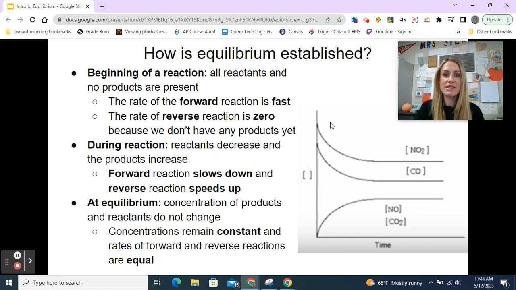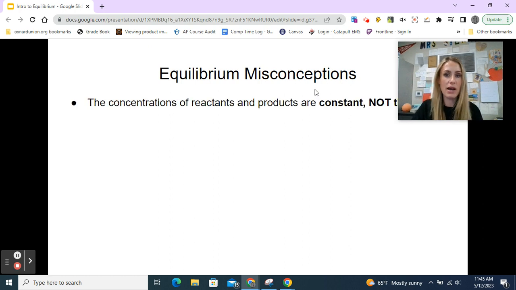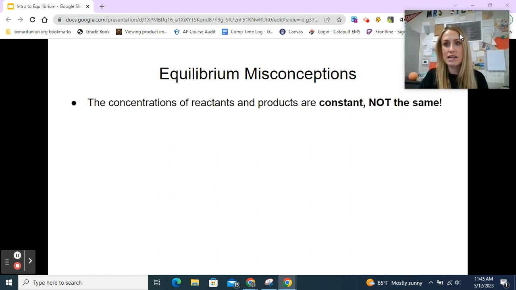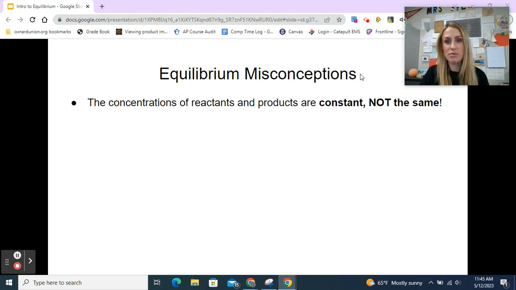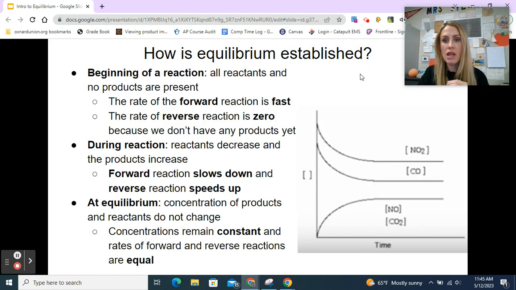Now, there are some common misconceptions here with this nomenclature, and a lot of people get very confused about them. The first one is that the concentrations of the reactants and products are constant. They are not equal. So look at this graph again that I showed you before. Notice how the concentration of nitrogen dioxide is the highest concentration.